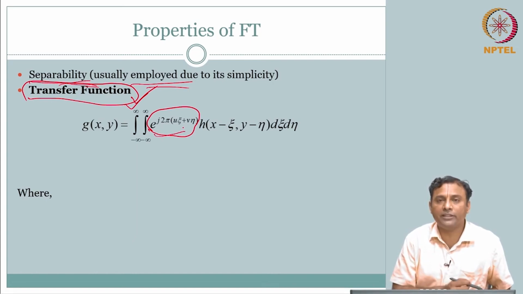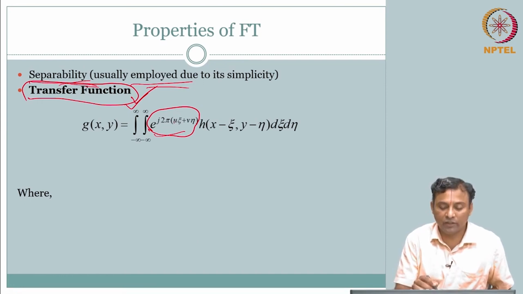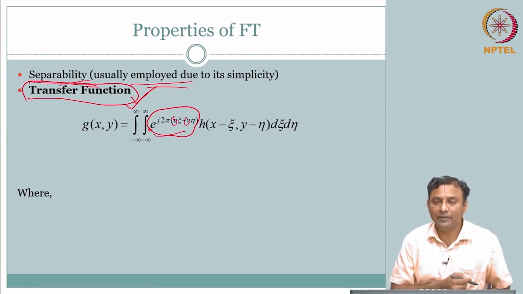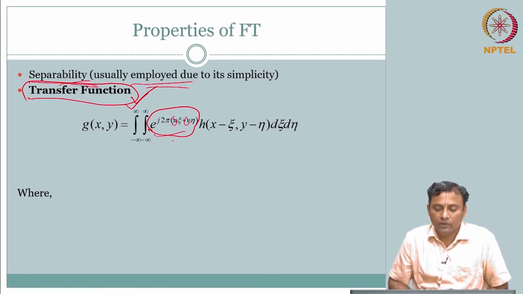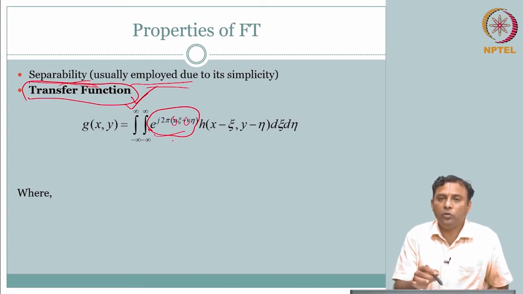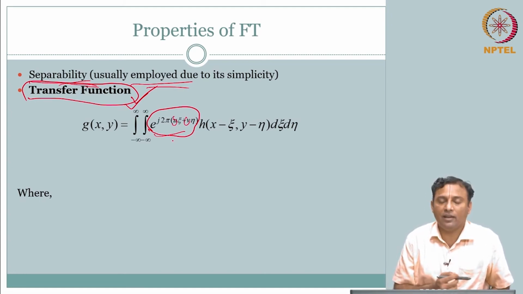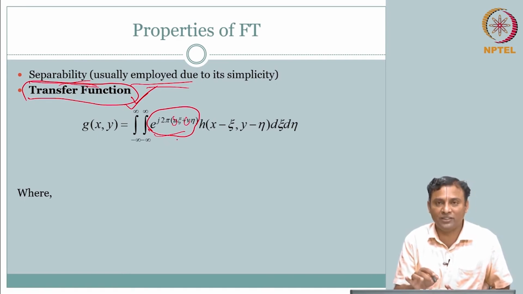Why did we pick a complex exponential? Because we know this is a sinusoid or cosinusoid with a specific frequency u and v. This is just substitution, right, we put this. From now we need to do some simplification to understand what this can be viewed as. Quickly looking at this, nothing is obvious; we did not do anything fancy so far.